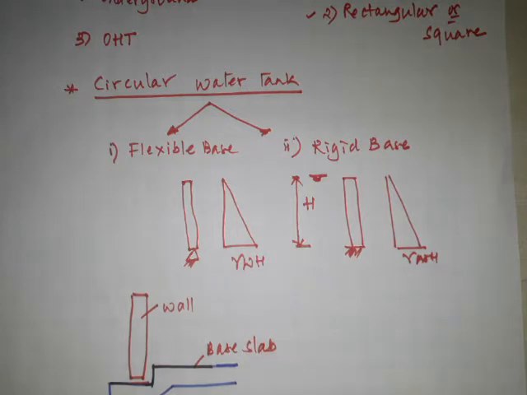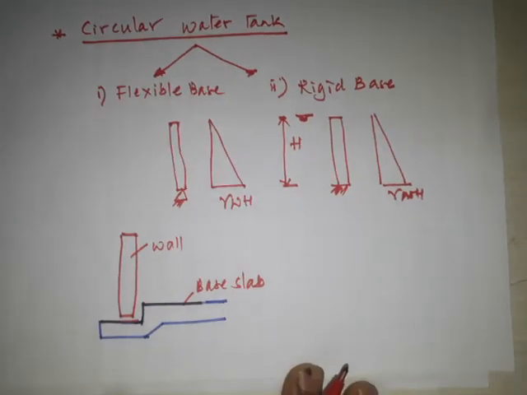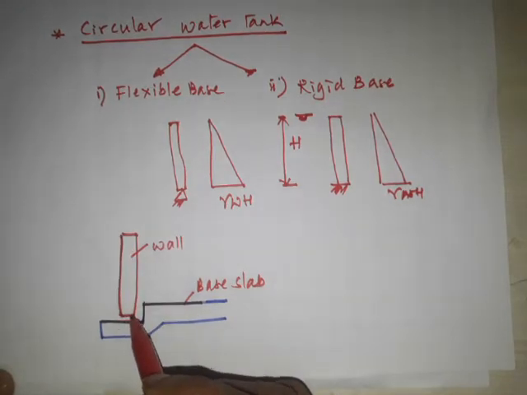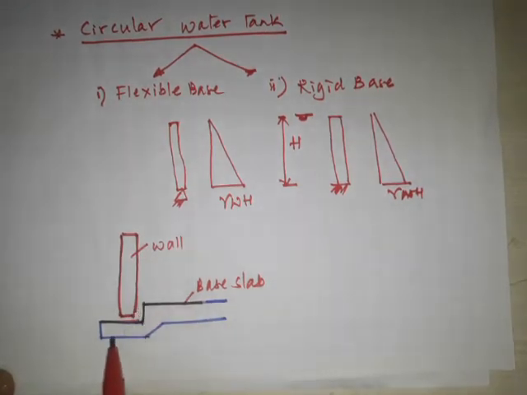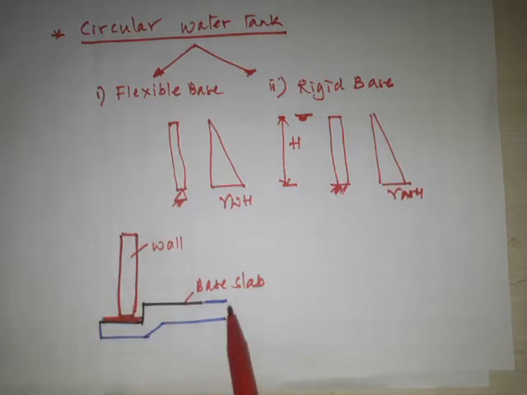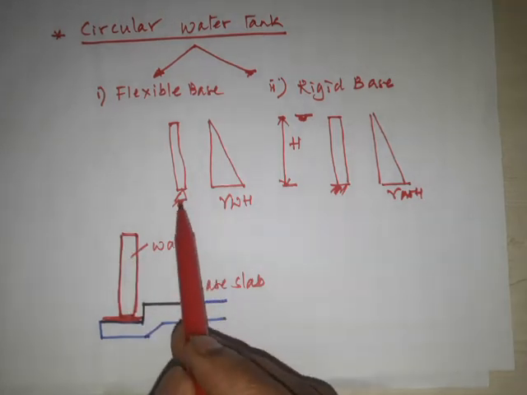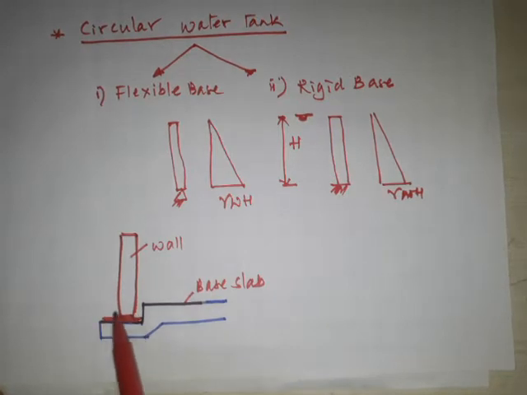What you can see here is that there is no connection between the wall and the base slab. There will be filler material here. Are you getting my point? So there is no rigid connection between the wall and the base slab. That is what is called a flexible connection, and the wall can slide because there is a flexible connection.